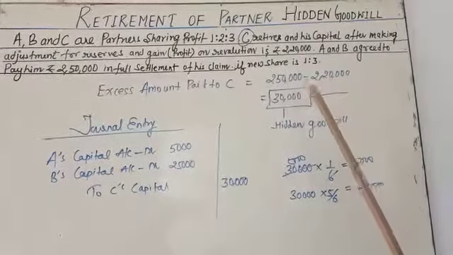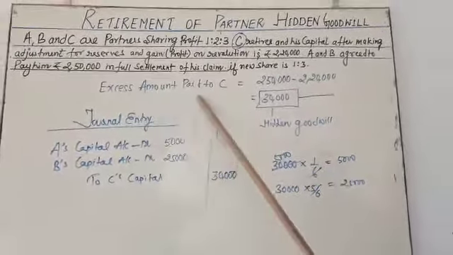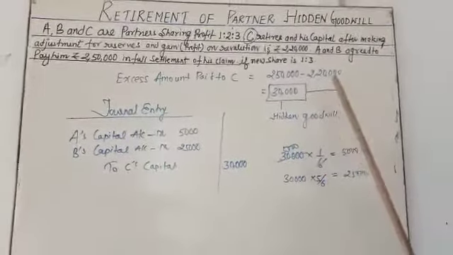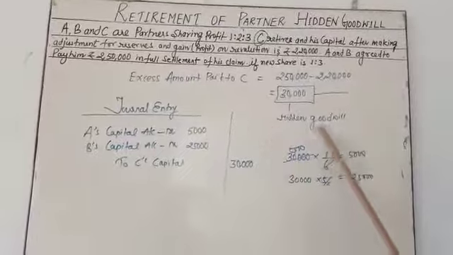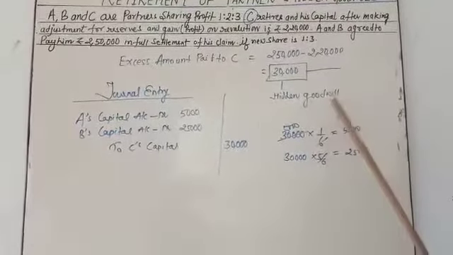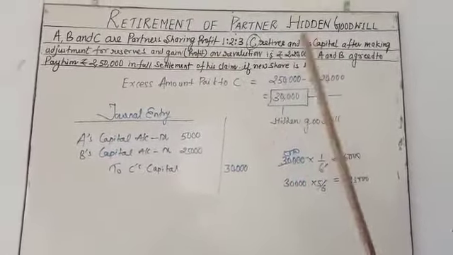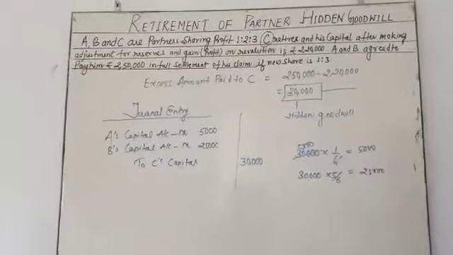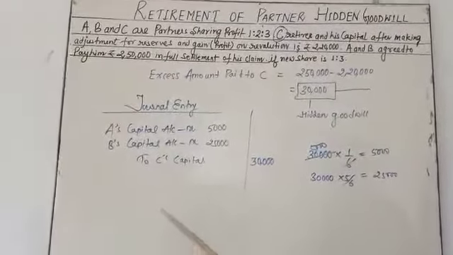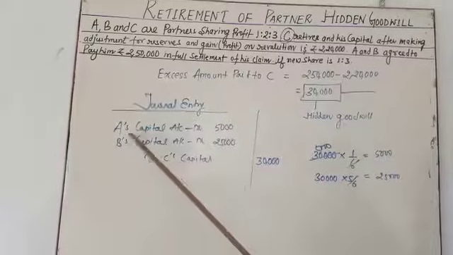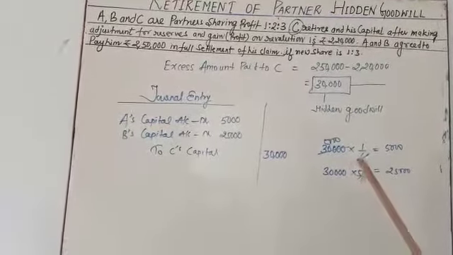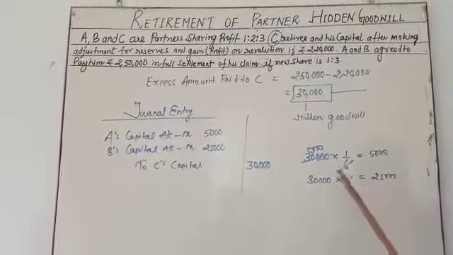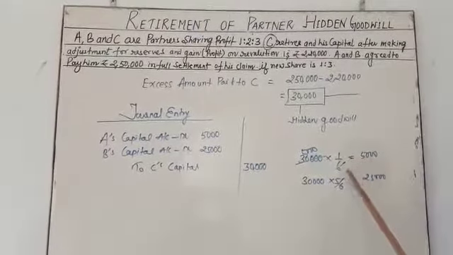So the firm paid an excess amount of Rs 30,000 to C. This 30,000 is called the hidden goodwill of C. As you know, the goodwill amount is paid in the gaining ratio by the existing partners, A and B. We have already calculated the gaining ratio as 1:5, that is 1/6 and 5/6.